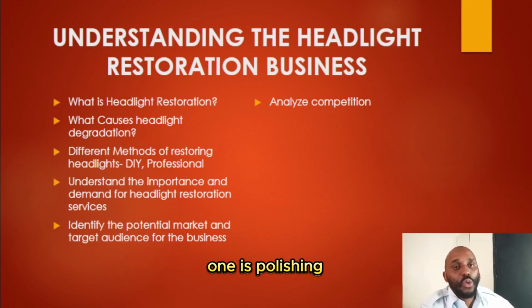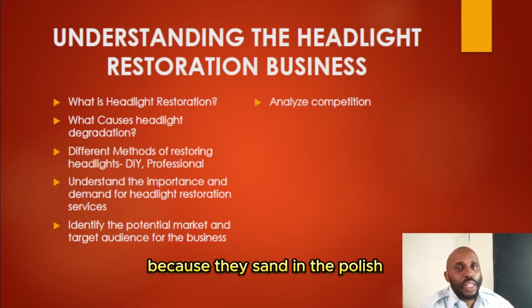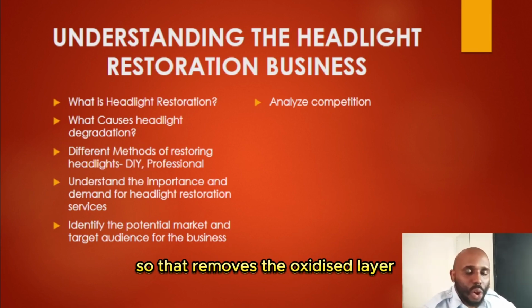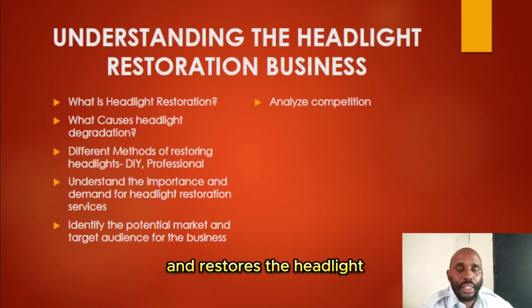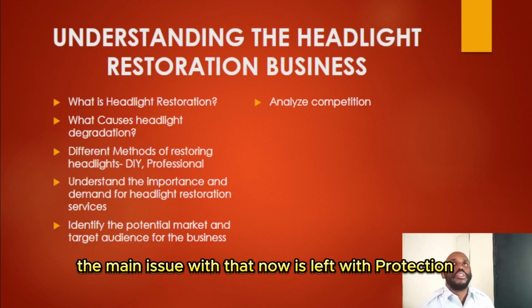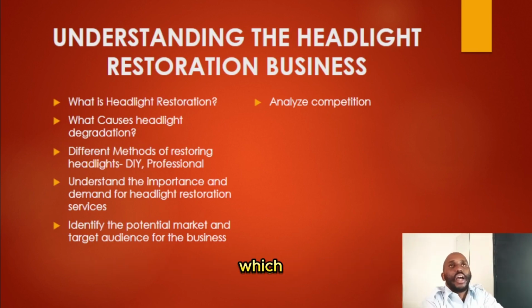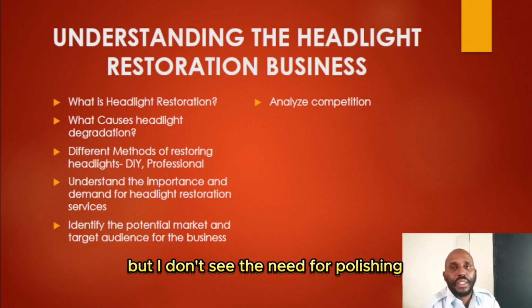One is polishing, which is very effective because they sand and polish, which removes the oxidized layer and restores the headlight. The main issue is what it's left with: protection. You can spray the headlight after that, but I don't see the need for polishing.